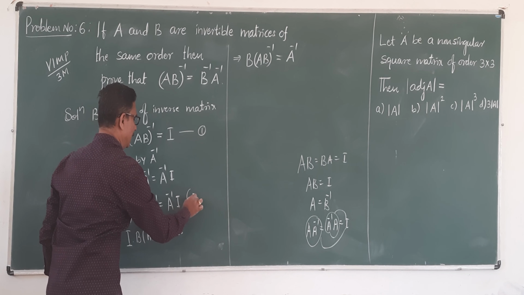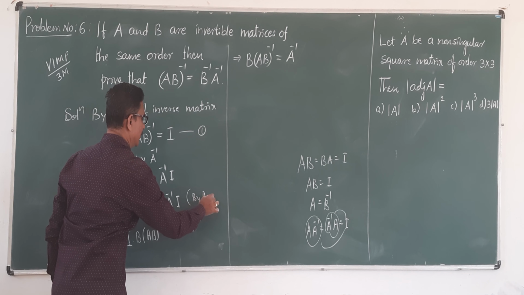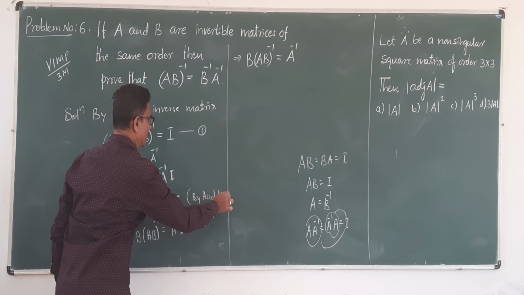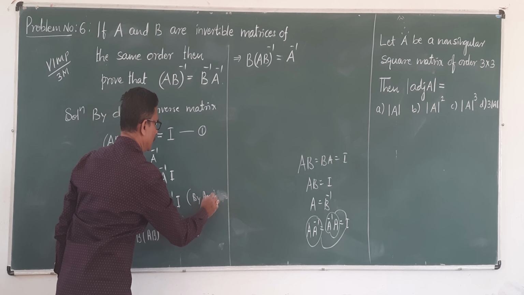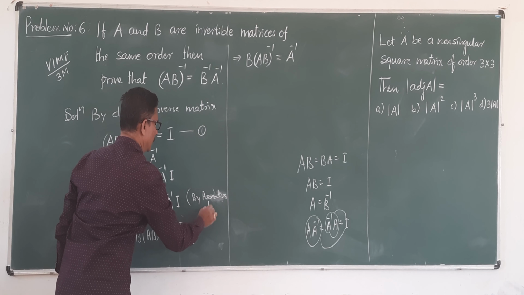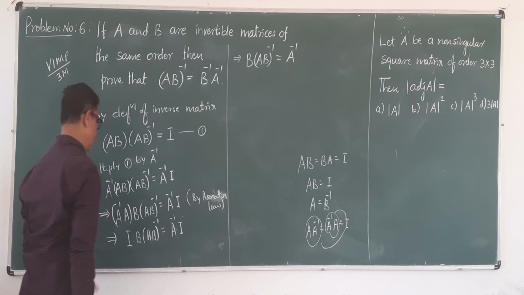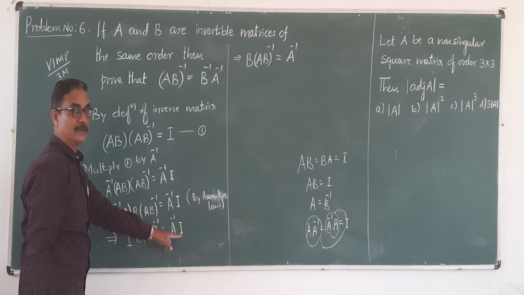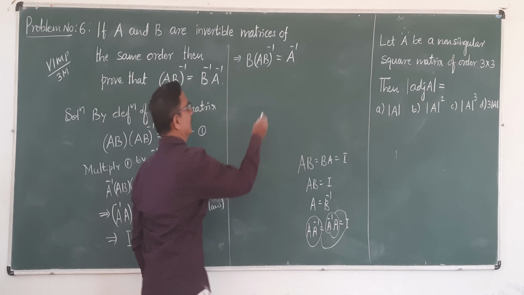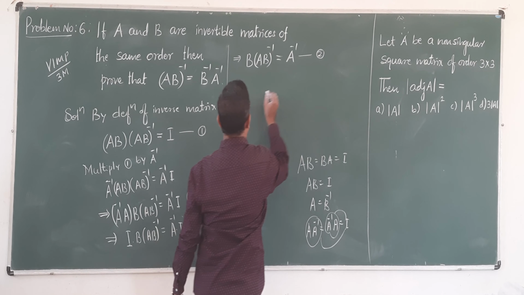Now this is by associative property, associative law. I into B is B into AB inverse is equal to A inverse into I is A inverse. Okay. Now call it as equation 2.